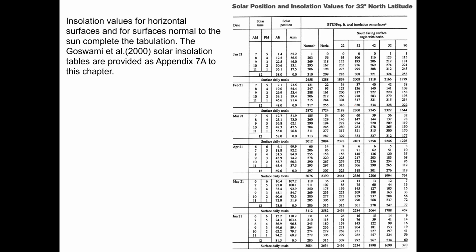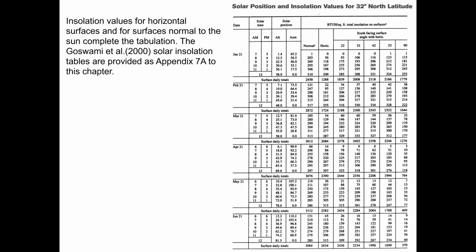Again, as I mentioned, it's not only important to get the collector data, but it's also important to look at the sun's intensity, what we would call solar position and insolation values. Your book contains insolation values as tables. These insolation values are basically sun irradiation for various times in a day.